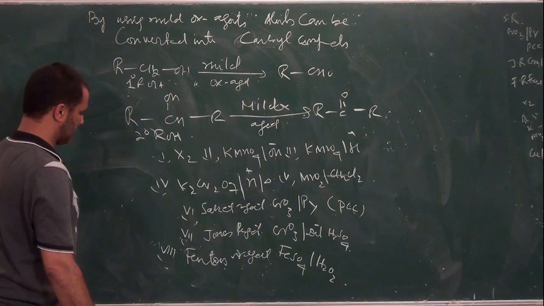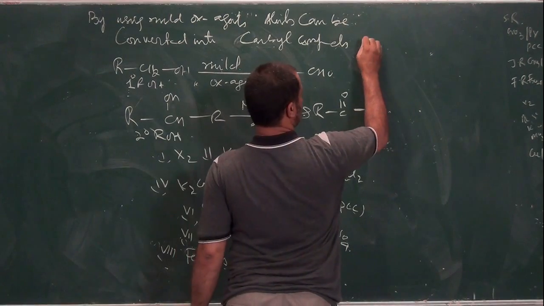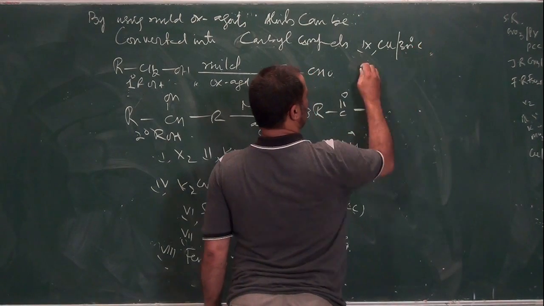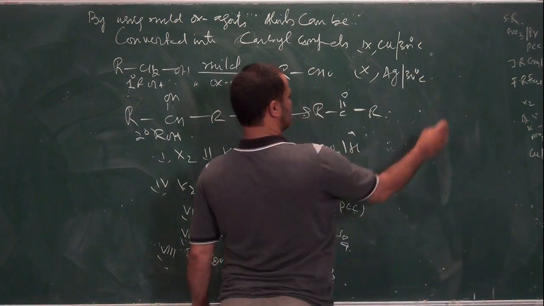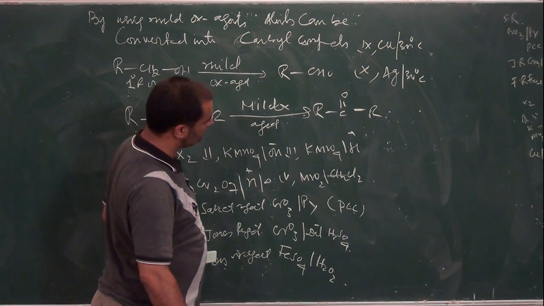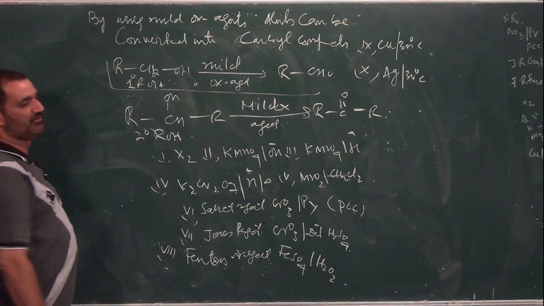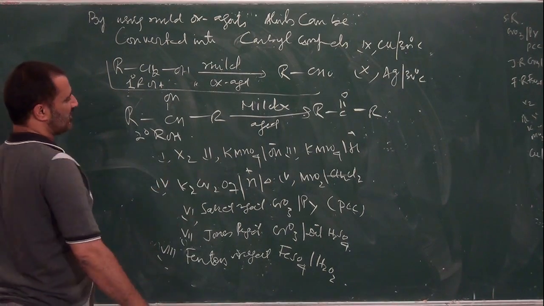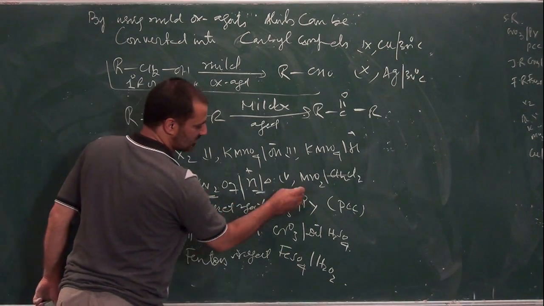And very important, ninth, we have copper at 300 degrees centigrade, and tenth, silver at 300 degrees centigrade. By using these reagents we can finish the 20 reactions within a couple of minutes.